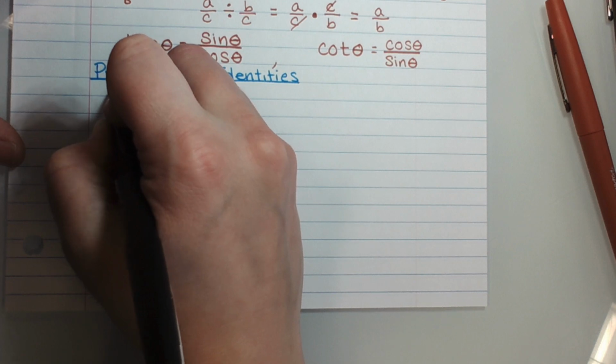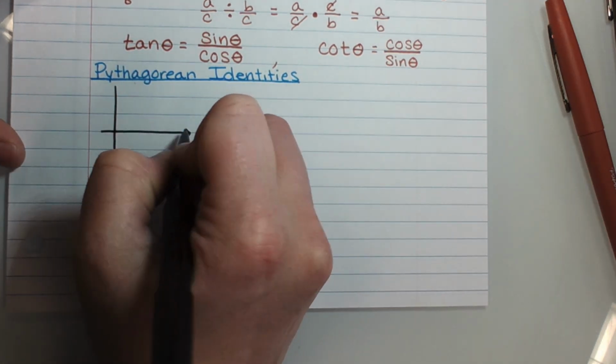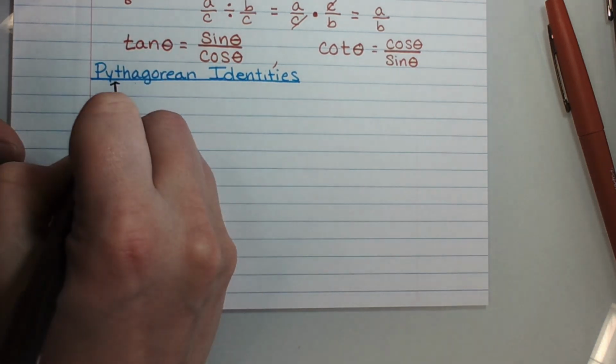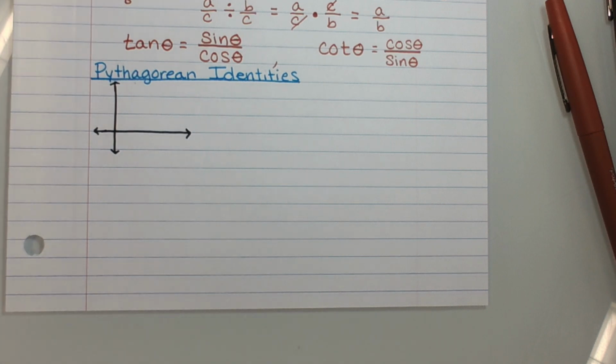So, we're going to just focus on the first quadrant of the unit circle. What is a unit circle?